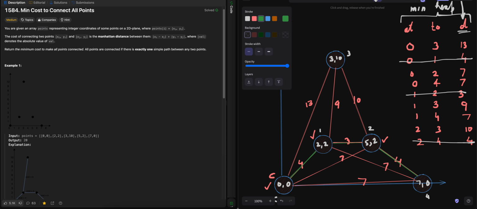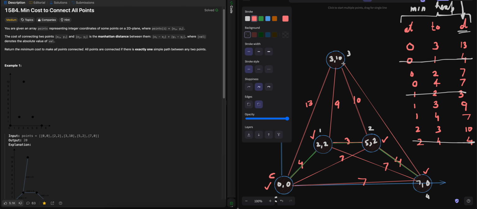Now our current vertex has become 4. From 4, we first find all the possible edges to all the unvisited nodes and add them in the min heap.